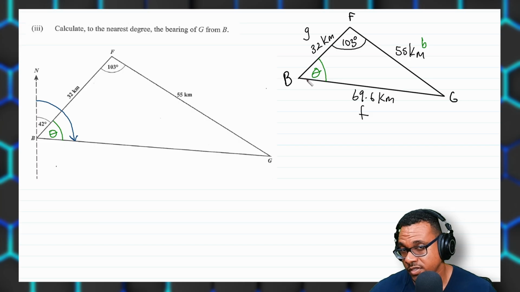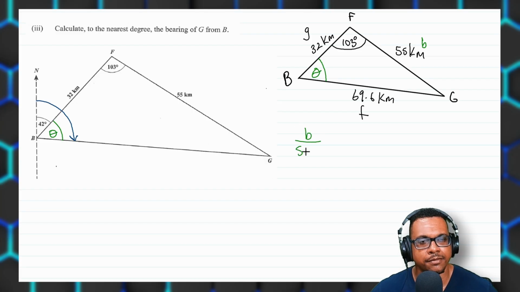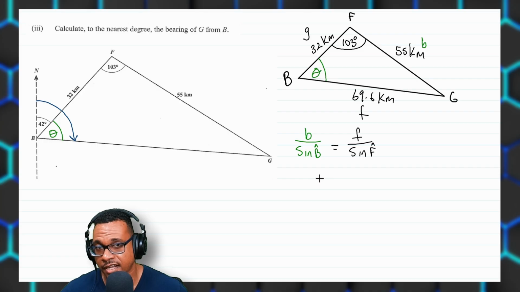The next two things we must know, and we could use the common F over sine capital F. So let's write that out. We'll have B over sine B, and that's the angle B, is equal to, we're using common F, the 69.6, and sine capital F, which is the 103. So common F over sine capital F. So now let's put in the values.